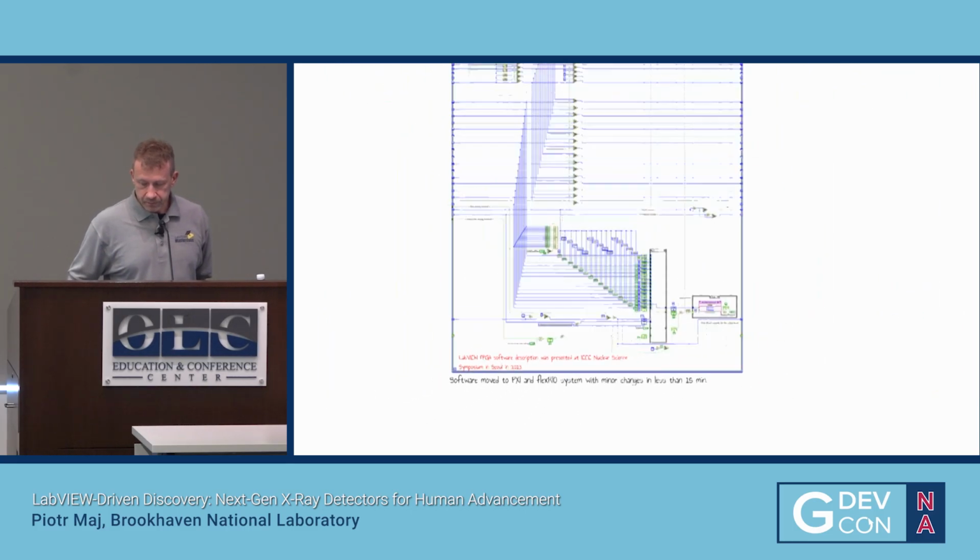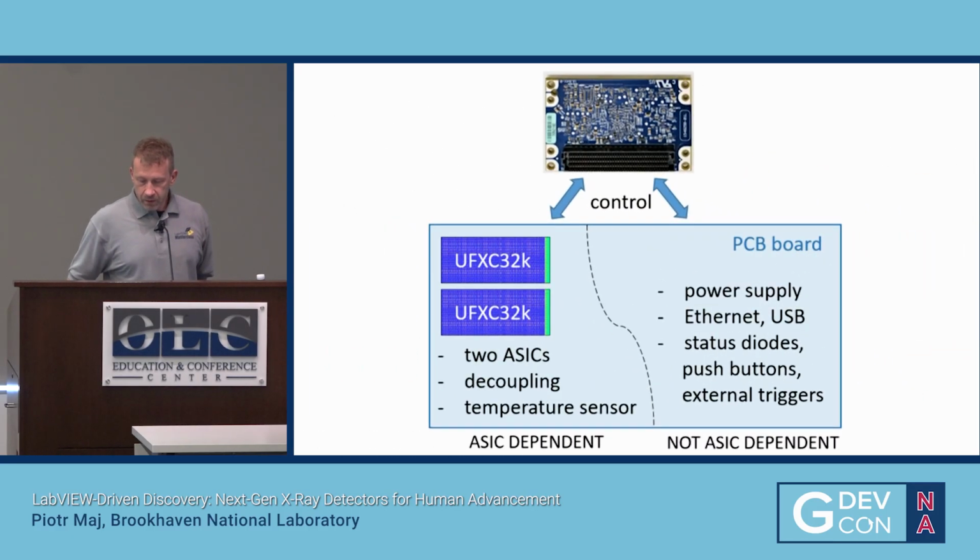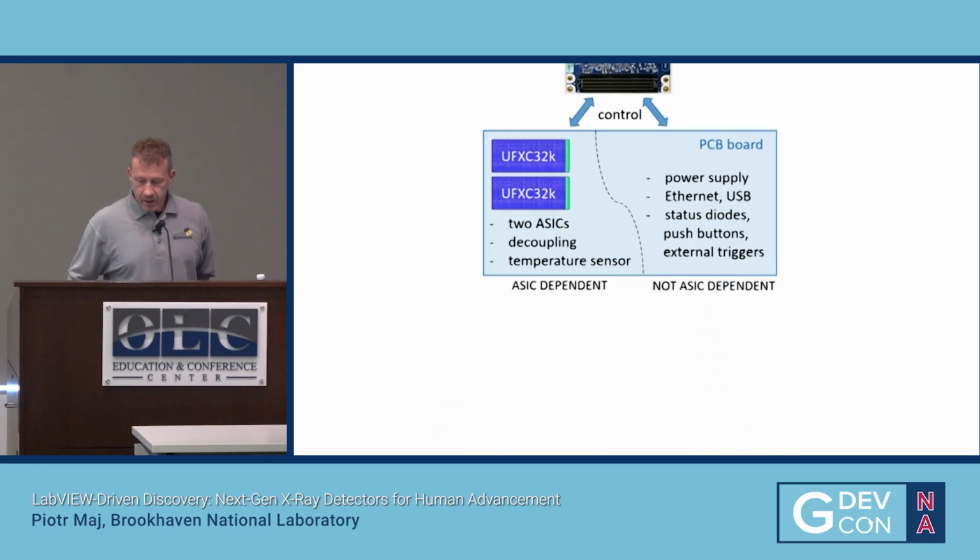I will show later. Then we moved to system on module, which is another SBRIO. If you ask me, it's the best one for various reasons, and I really hope the end of life will be further extended. We could very easily decouple the functionality related to our ASICs and detectors from functionality related to embedded system.